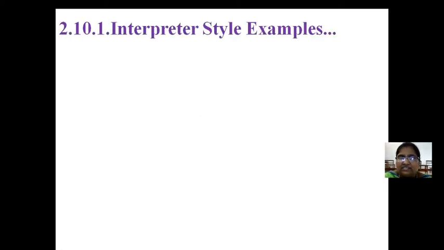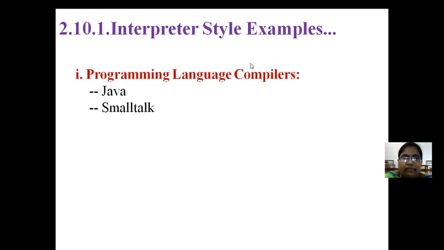Coming to the interpreter style examples, we have a lot of things we can discuss. C language or C++, Java, Perl, Python, every language has some interpreter. Without an interpreter or compiler we can't execute today's languages, because they are the ones that convert. Okay, so programming language compilers, programming language examples.